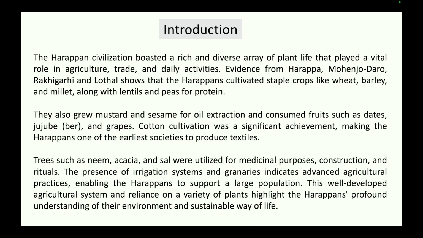The presence of irrigation systems and granaries indicates advanced agricultural practices, enabling the Harappans to support a large population. This well developed agricultural system and reliance on a variety of plants highlights the Harappans' profound understanding of their environment and a sustainable way of life.